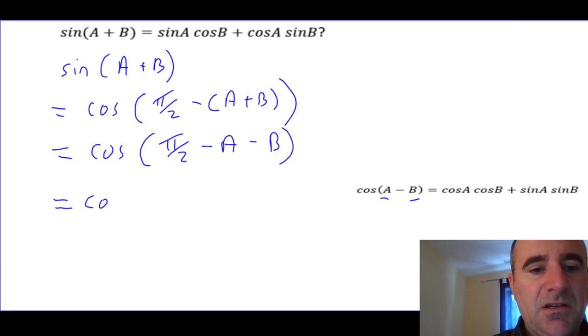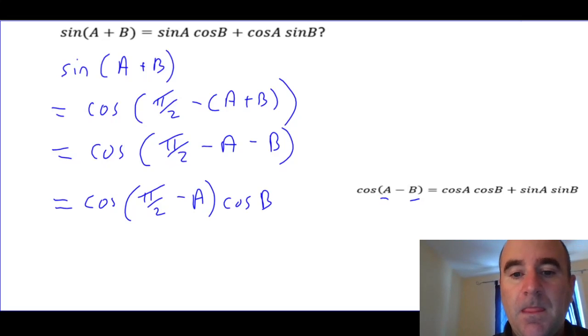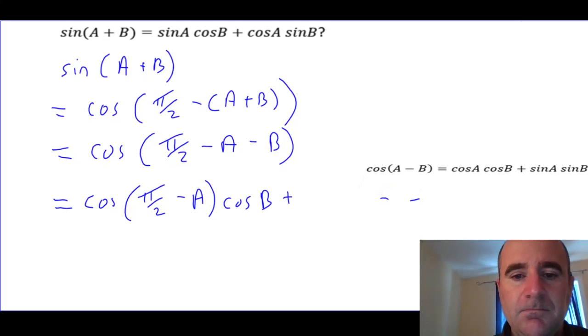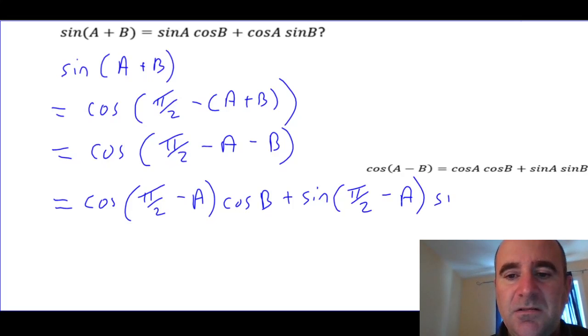I get cosine of pi over 2 minus A times the cosine of B plus the sine of pi over 2 minus A and the sine of B, just like that.